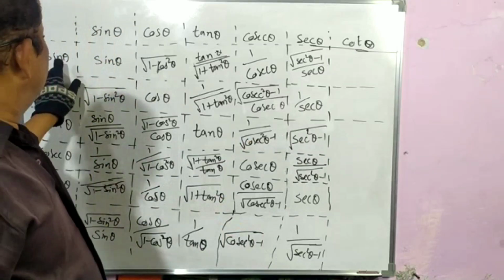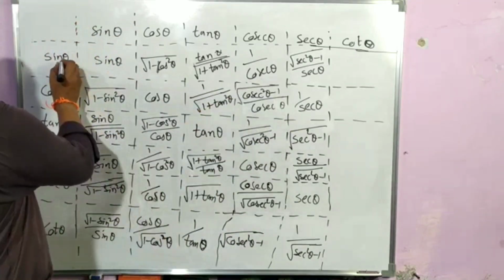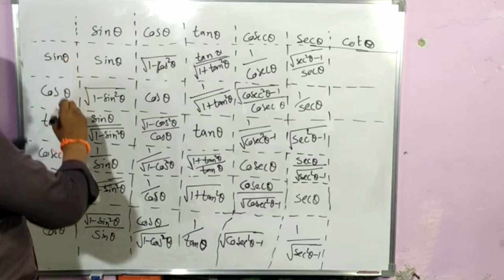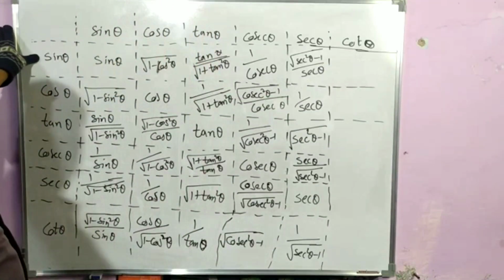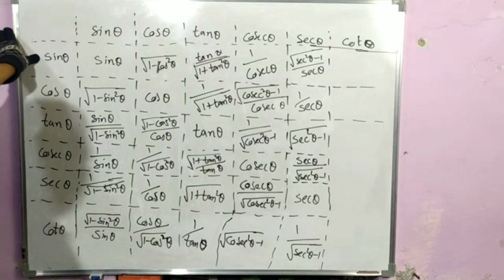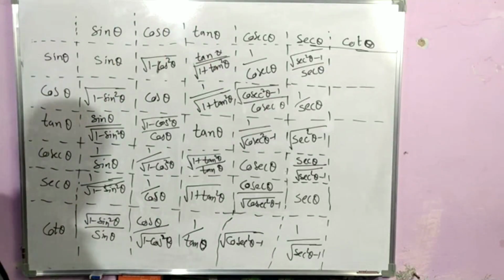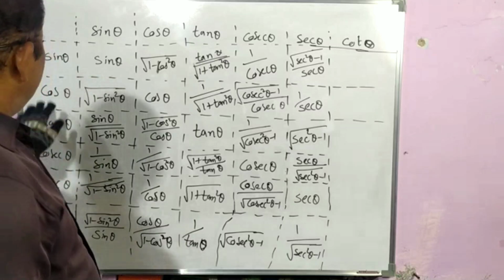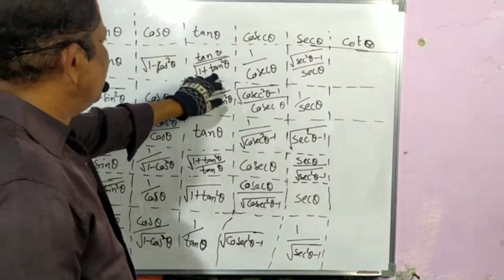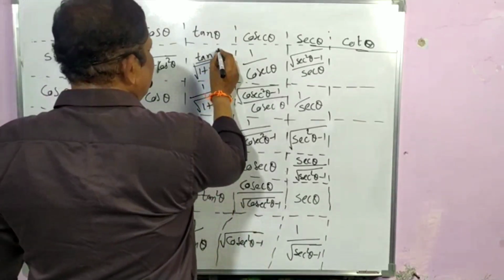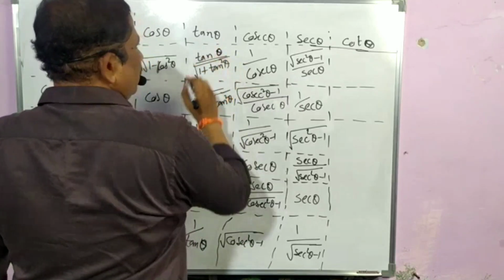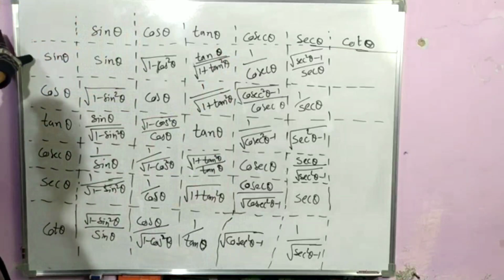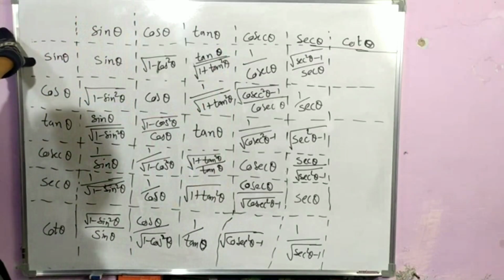Next step, sine in terms of cot. Sine in terms of cot theta. Sine is the reciprocal of cosecant theta.